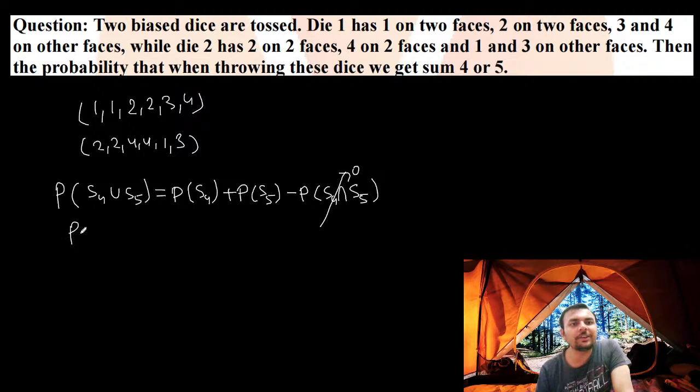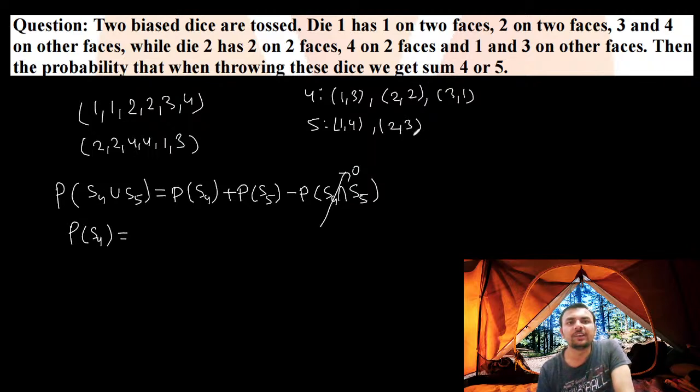Now the probability of sum 4. In order to get 4, we should have 1, 3; 2, 2; 3, 1. For getting 5 it should be 1, 4; 2, 3; 3, 2; 4, 1, isn't it?